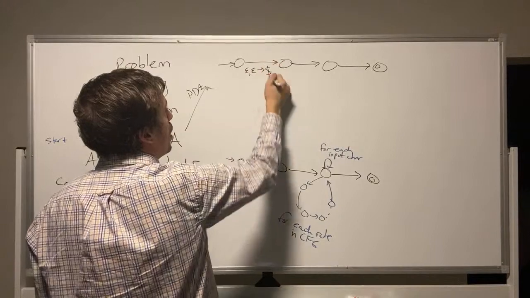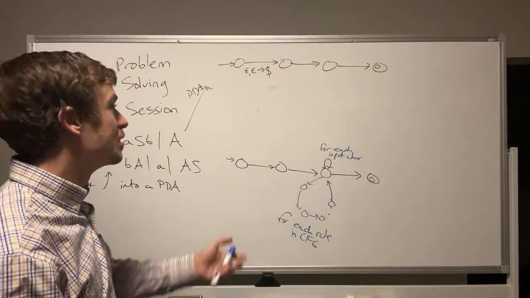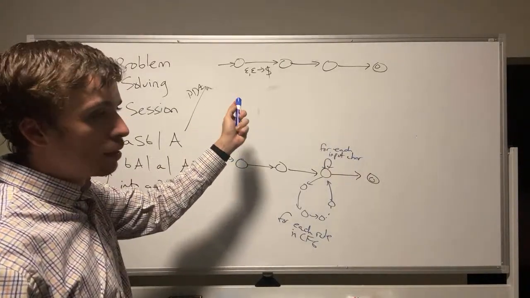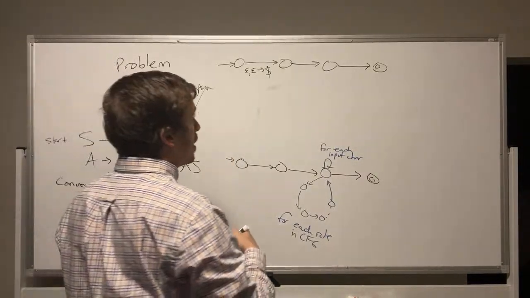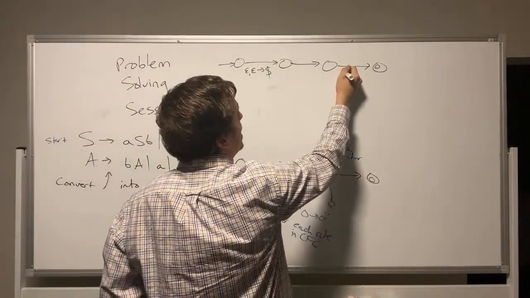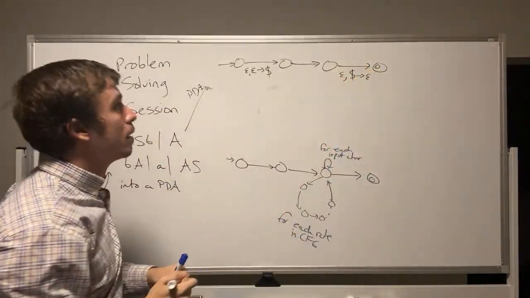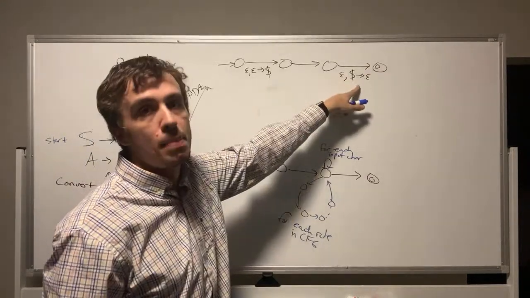And then I'm going to put on a special symbol. It doesn't really matter what it is as long as it's not in the grammar, and you only use it for this purpose. All right, and then at the very end, we're going to do the exact opposite operation. So here we push on the special symbol, we pop it off at the end.